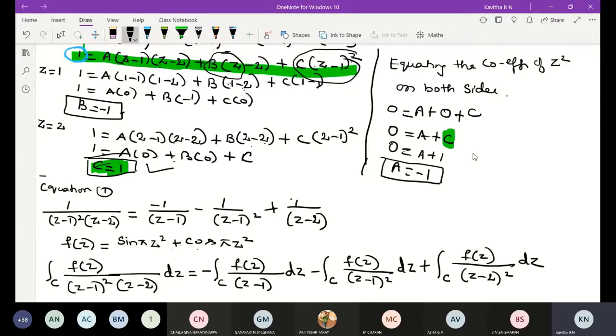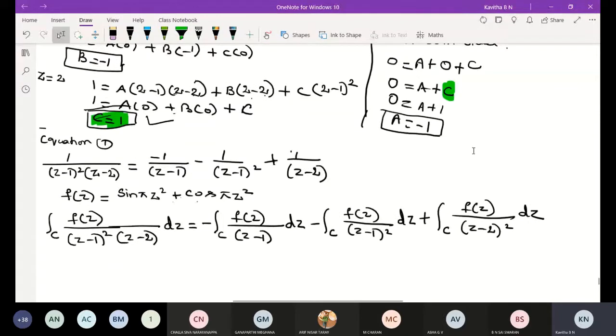Then next step, take down I is equal to our LHS part. Then minus integral over C f of z by (z minus 1) dz, we are writing I1, plus minus integral over C f of z divided by (z minus 1) whole square dz, I2, then plus integral over C f of z divided by (z minus 2) dz, I3.